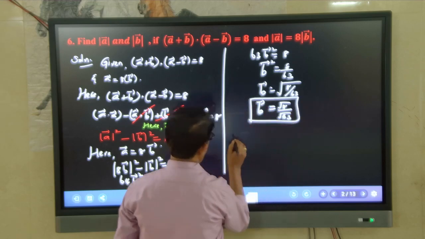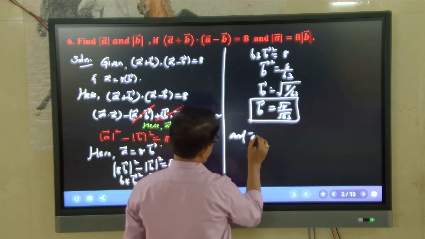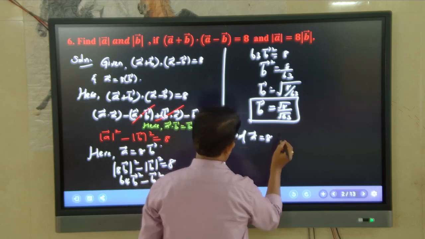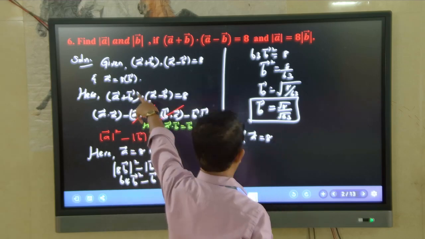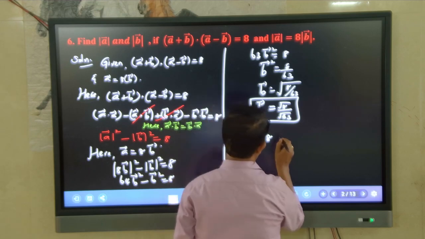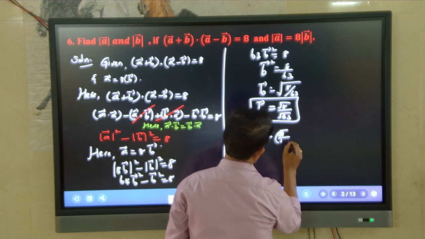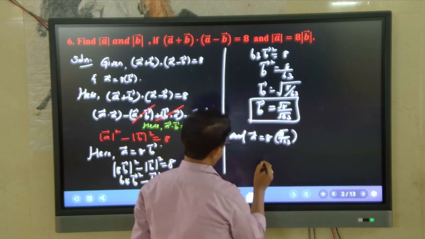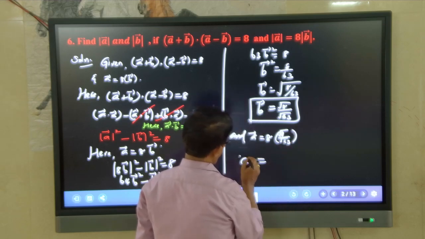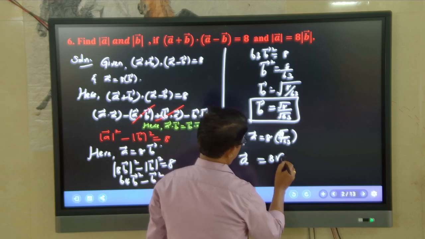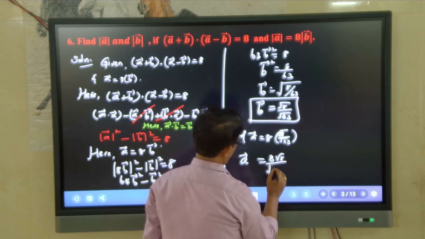Then A vector equal to what? 8 into B vector, correct? What is the B vector value? Square root of 8 by square root of 63. Then what is the answer? A vector equal to 8 root 8 by square root of 63.